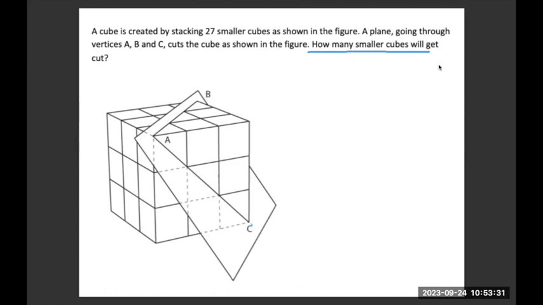Trisha, wrong answer. You also have to check the cubes which are inside. You don't have to stick to the cubes on the surface. Please be careful about it.